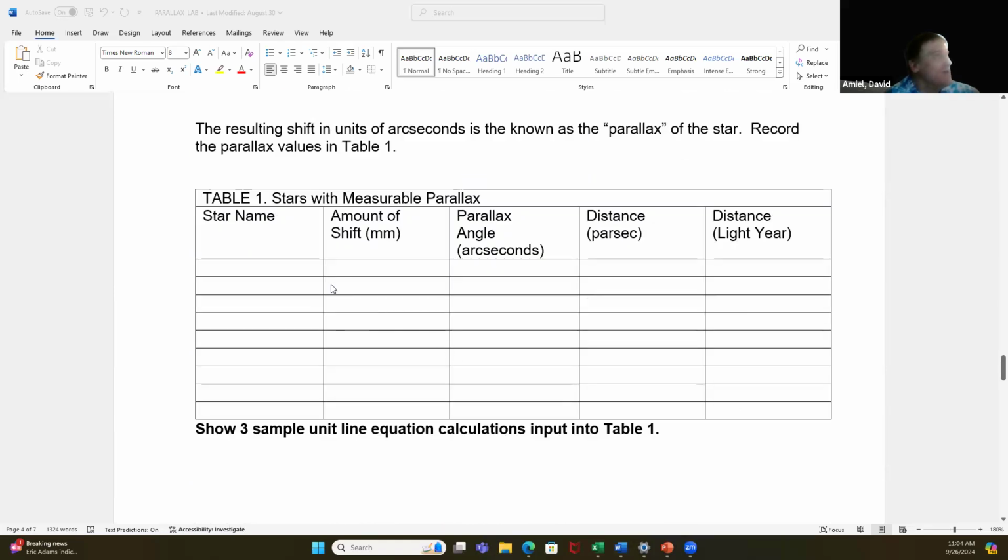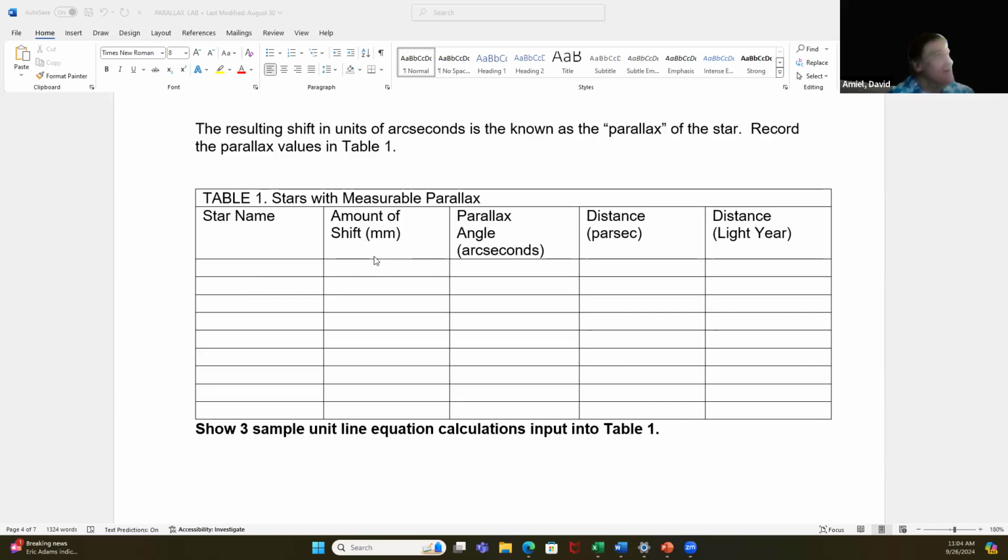So here's table 1. You can give each of the stars any name you like: A, B, C, D, 1, 2, 3, 4. Doesn't matter what you call it. Now you will label the star and give the distance on your ruler in millimeters.